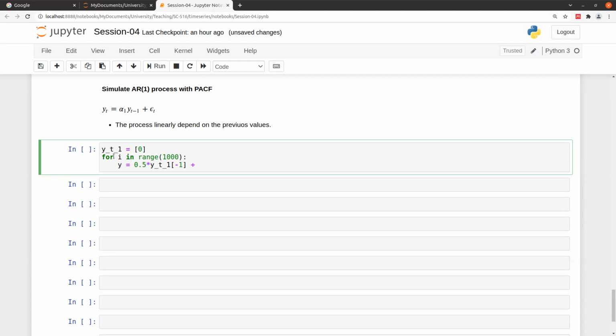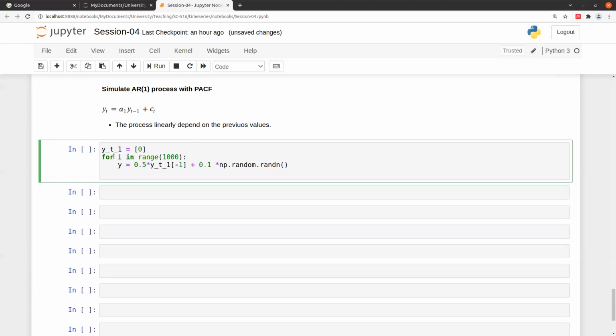Then epsilon should be a random noise, standard random noise. I'm going with numpy random, some random number, and I'm adding 0.1 standard deviation as well. Okay, then the equation is fine.